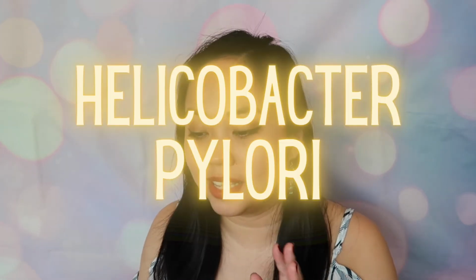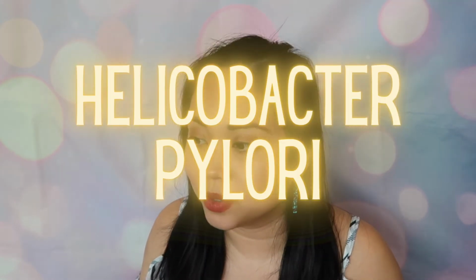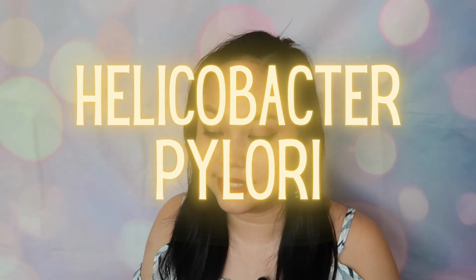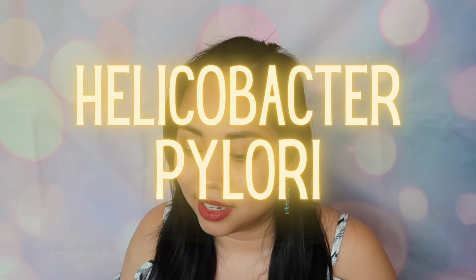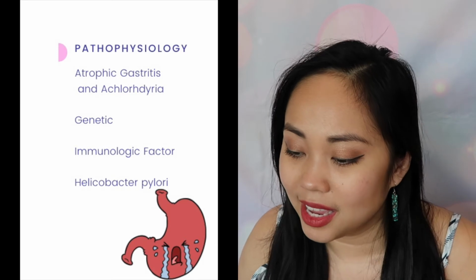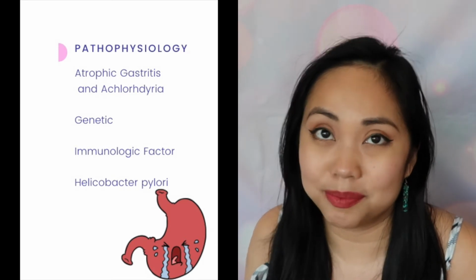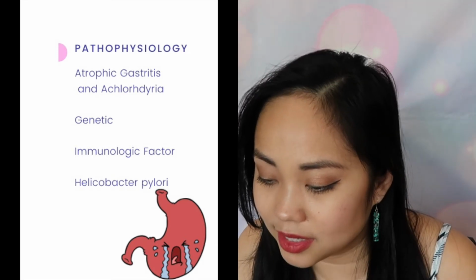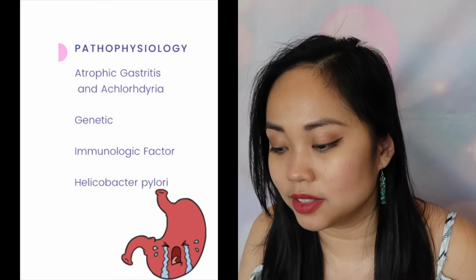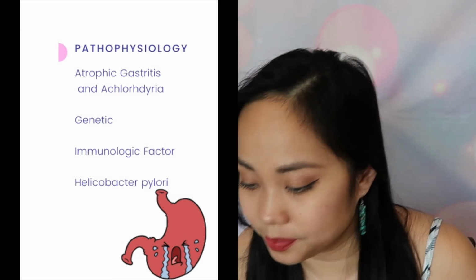There's also Helicobacter pylori, which is a bacteria, and it causes major gastritis and peptic ulcers. This bacteria also triggers your body to produce antibodies against the gastric protein pump, damaging the stomach lining, and so it damages the parietal cells, and it causes gastritis, atrophy, and apoptosis on the corpus mucosa.